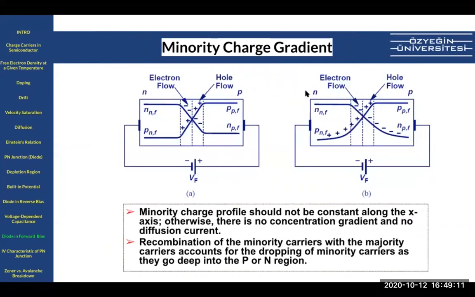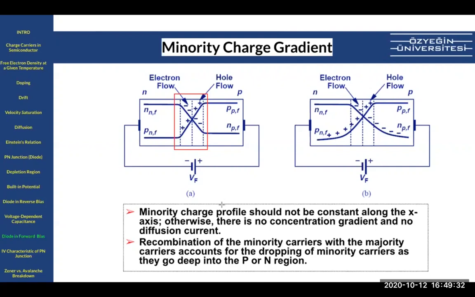The next slide shows the minority charge gradients. This gradient shows you that the flow of electrons or the flow of holes in this depletion region has certain characteristics.